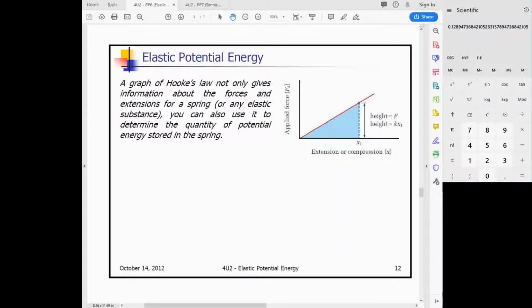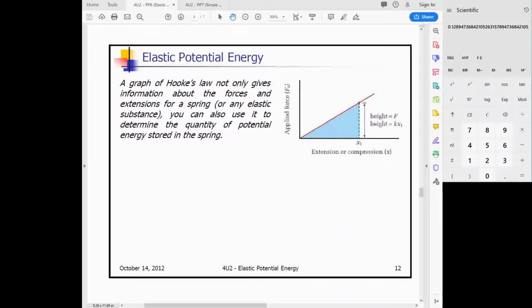In this case, what we have is a force extension graph, and you can see that in a Hooke's law spring, the area underneath that graph is actually important as well, because imagine if we multiplied those two together, that would essentially give us our area.